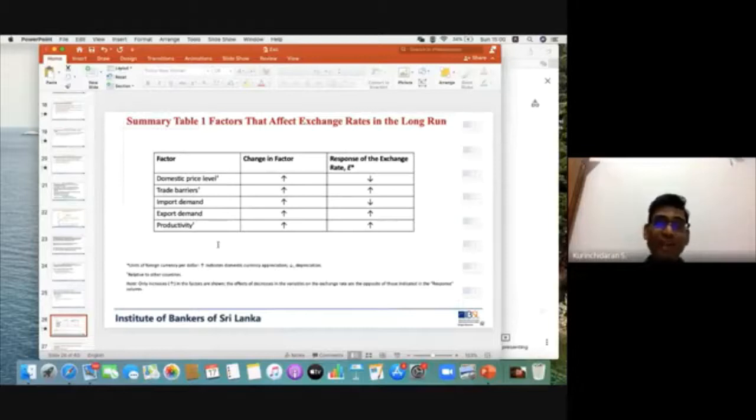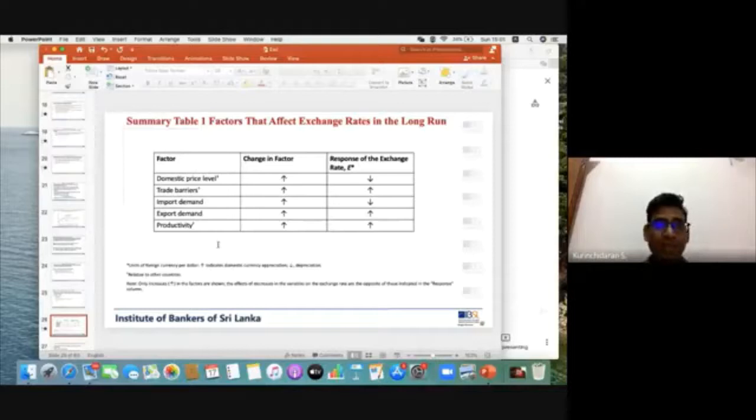So then our currency will appreciate. Right? So now you can see in the long run, based on these factors, the exchange rate will change.